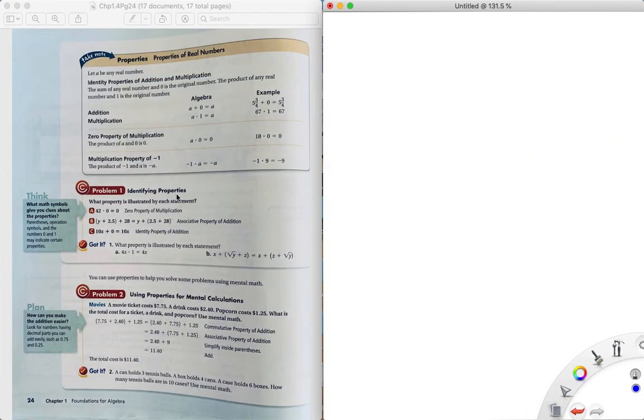All right. Identities. So we have the additive identity and the multiplicative identity. The identity of addition says that if I have a number 2 and add it with 0, that gives me 2.